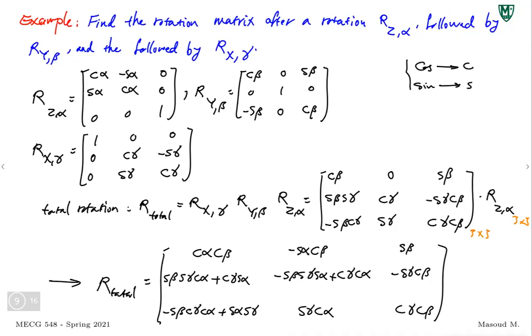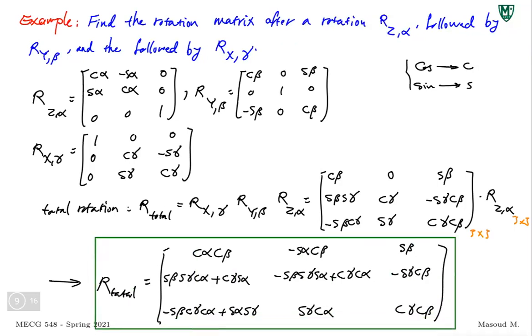Last check, especially second row: sine gamma cosine alpha plus cosine gamma sine alpha, minus sine beta sine gamma sine alpha plus cosine gamma cosine alpha, minus sine gamma cosine beta, sine beta cosine gamma cosine alpha plus sine alpha sine gamma, sine gamma cosine. Okay, believe it's correct. So the bottom line is these things can get very messy very fast.